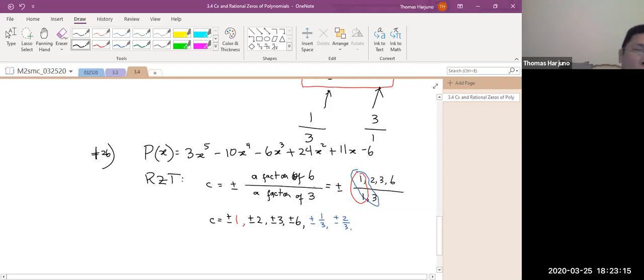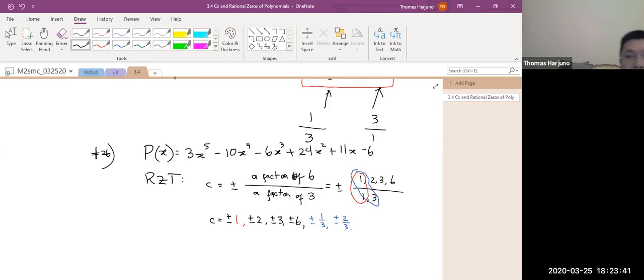Now, we know it should have only 5 zeros though, right? If we combine with other methods that we learned before, then we can actually narrow down more and more and get the actual zeros, and we can factor, get more zeros from there.